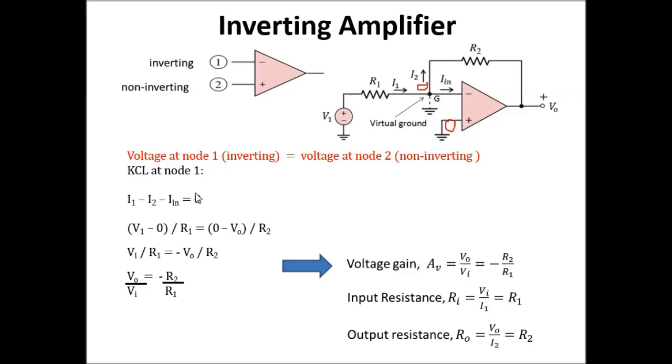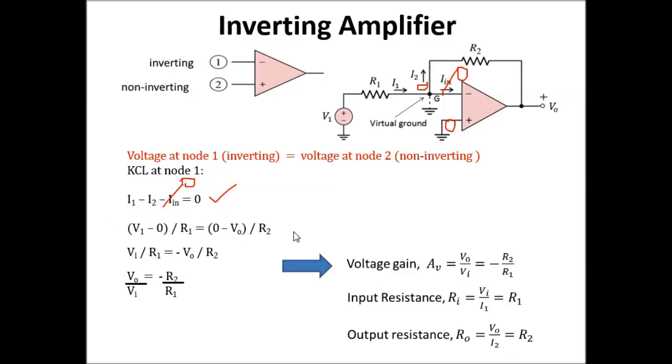So to derive this voltage gain, the concept is using KCL. So basically I1 minus I2 minus I_in. Based on the second characteristic, there is no current going into your op-amp, which means that the current here, I_in, is 0. So you are only left with I1 minus I2.